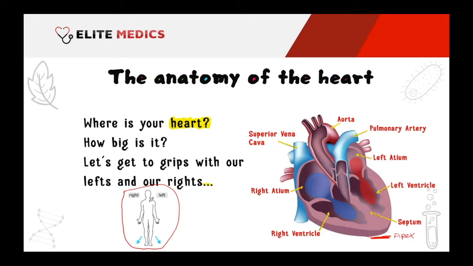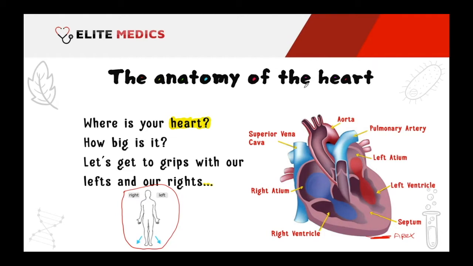So his right side of the body, we're looking at it from our left. It's on our left, and his left side of the body is on our right. I hope that makes sense. So please don't get confused. Remember, the right side of the heart and left side of the heart, it's that person's left and right, not ours.